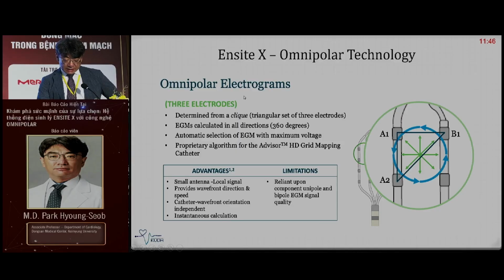Omnipolar electrograms are determined from a clique, which is a triangular set of 3 electrodes, and the EGM is calculated in all directions, that is 360 degrees. It gives us automatic selection of the EGM with maximum voltage. So it is more advanced as compared to the HD Wave solution.